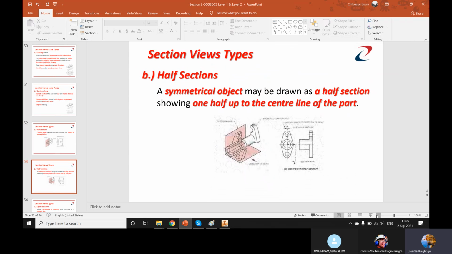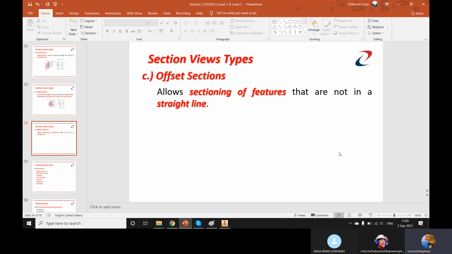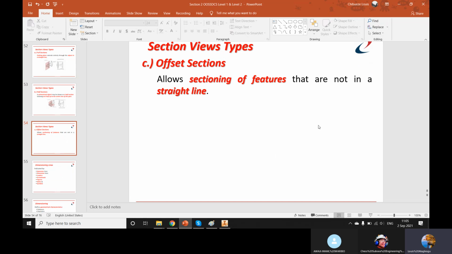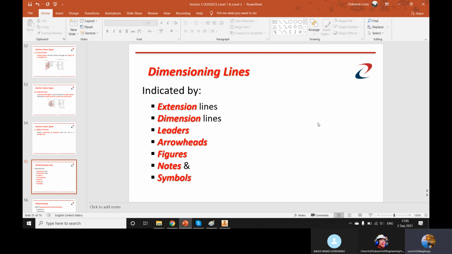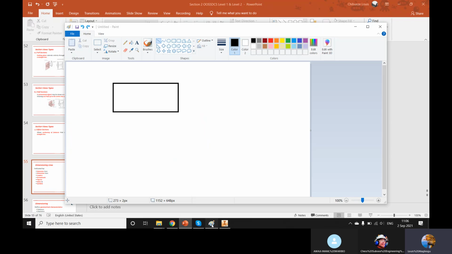Then there's also the offset section. It allows sectioning of features that are not in a straight line. The offset section is something like this now.